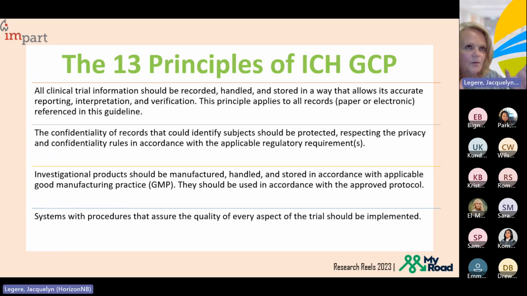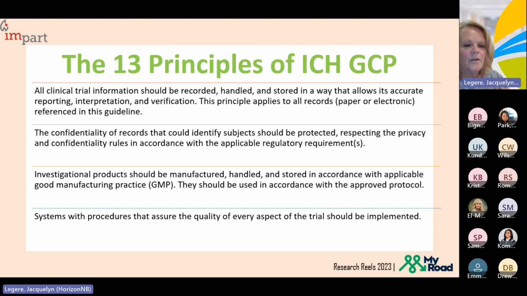I guess the two things to remember when we're talking about GCP and the principles are that everything we do when we follow this principle is, one, to ensure the safety of the participant, and two, the integrity of the data. That's what it is. So everything that you do is trying to make sure that you're doing those two things. You're protecting your research participants, and you're collecting information that has integrity and credibility and reproducibility.